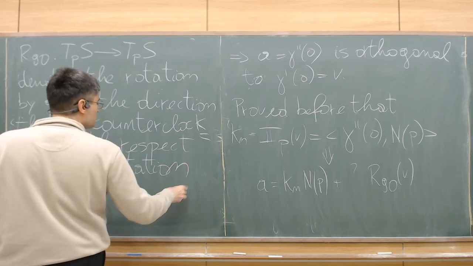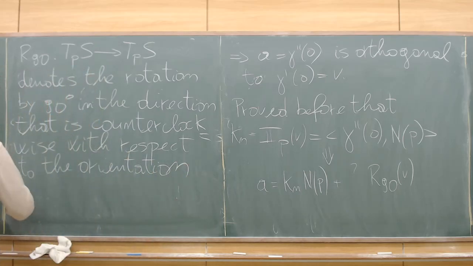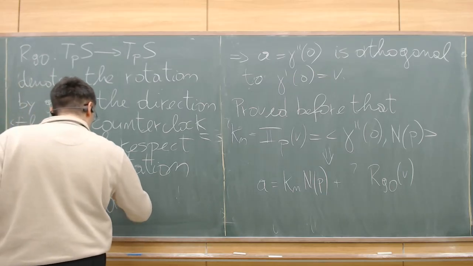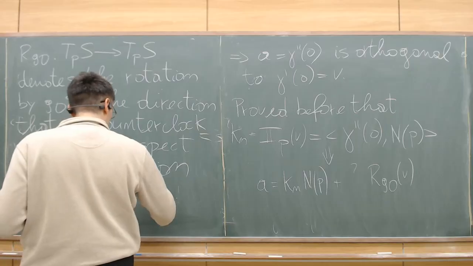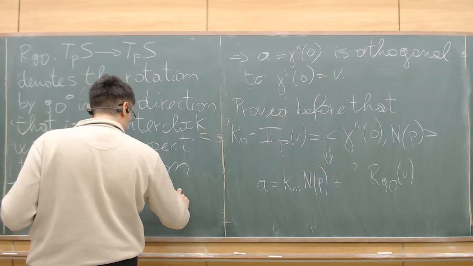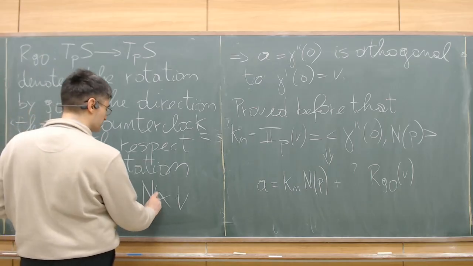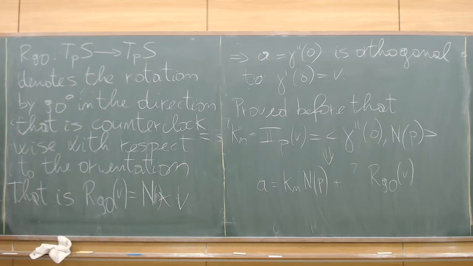In other terms, R90 of V is nothing but the cross product of the normal vector at P and V.